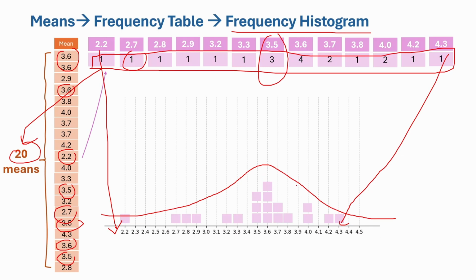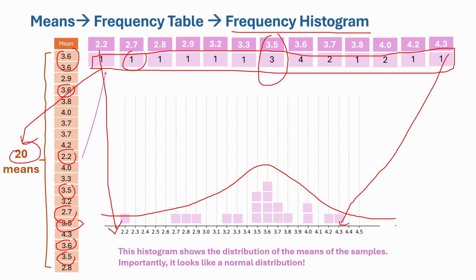It looks like a bell shape, like a normal distribution. Yes, so the histogram shows the distribution of the means of the samples. This 2.2, these are the means. Importantly, it looks like a normal distribution.